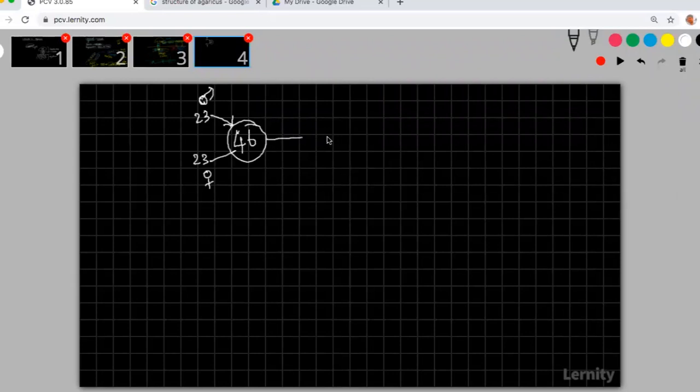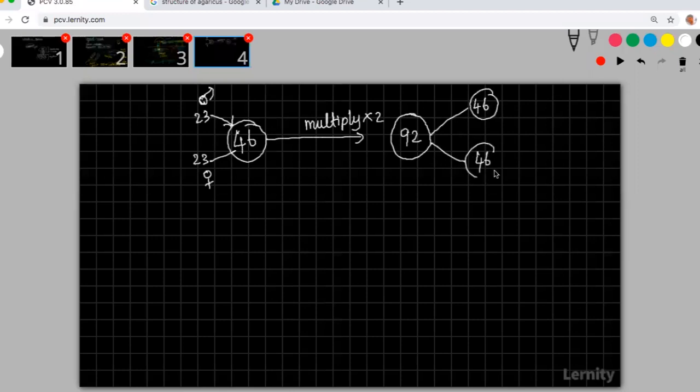This 46 will multiply into 2 and it will become 92. And this 92 will be divided into 46 and 46. This is called mitosis. So basically a diploid cell, 2n, is becoming 2n into 2 and dividing into 2n and 2n. This is what we call mitosis.